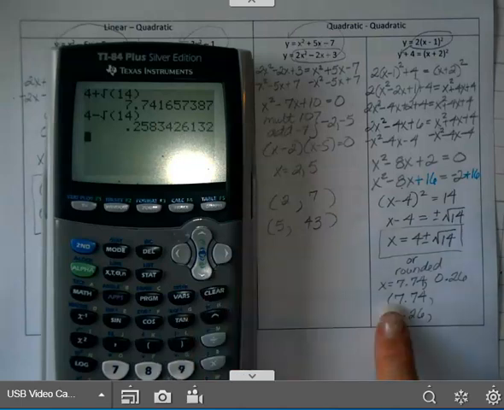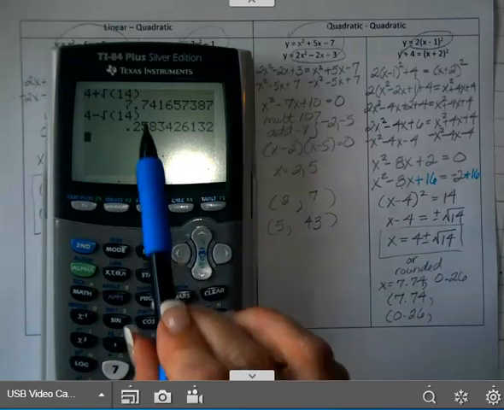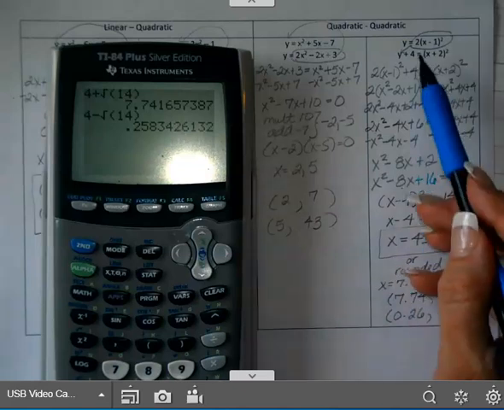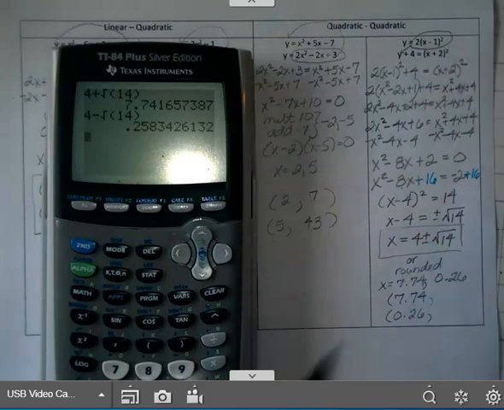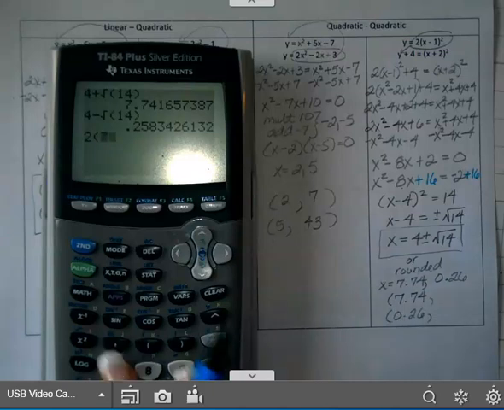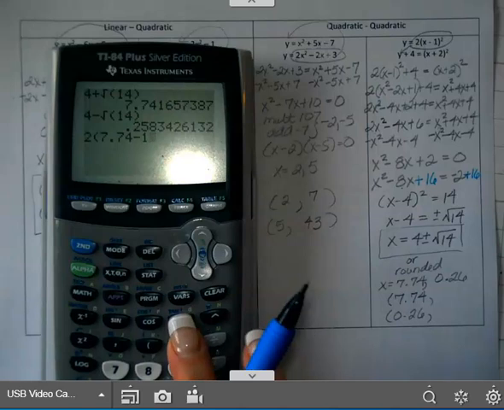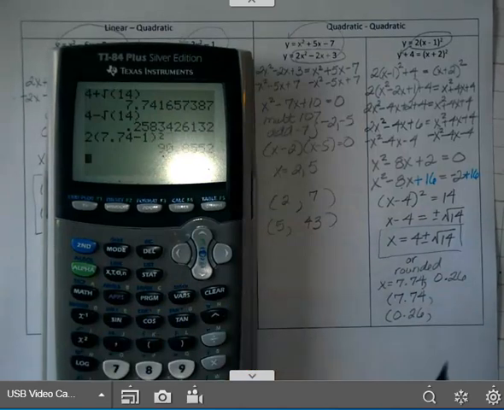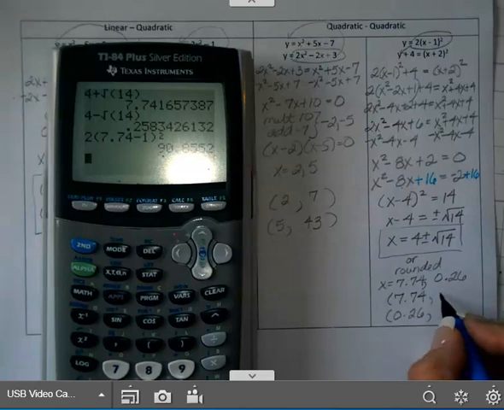So plugging in 7.74, if you wanted to use the exact answer, you could. I'm going to do 2 times (x, which is 7.74, minus 1) and I'm going to square it. And that gives me 90.86.